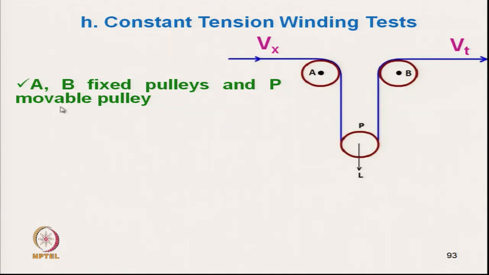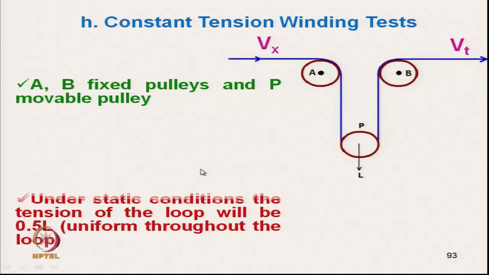So, A, B as I have mentioned are fixed pulleys, P is a movable pulley.